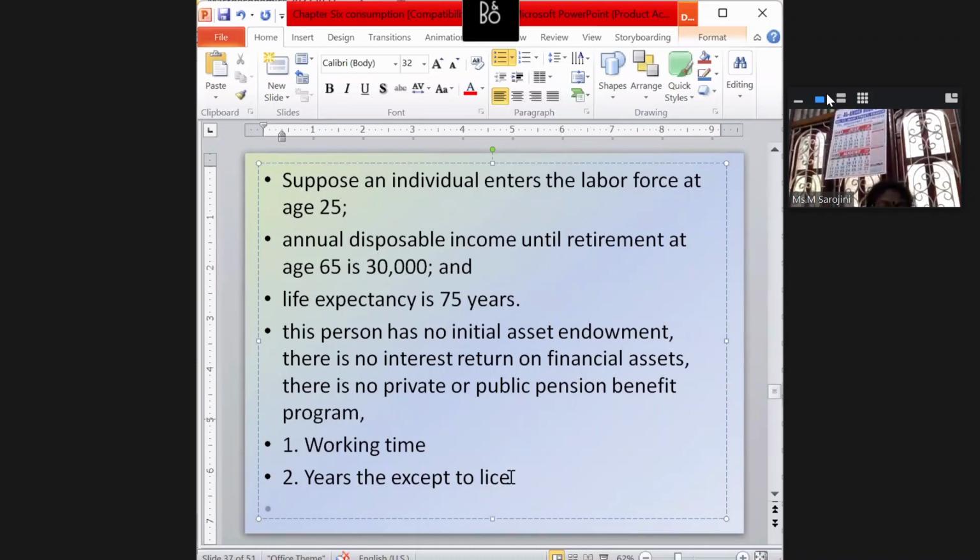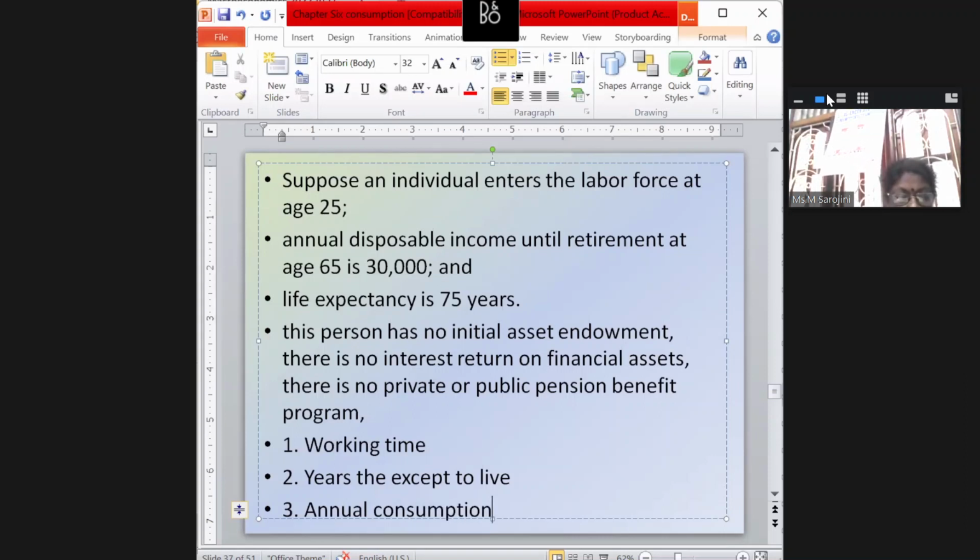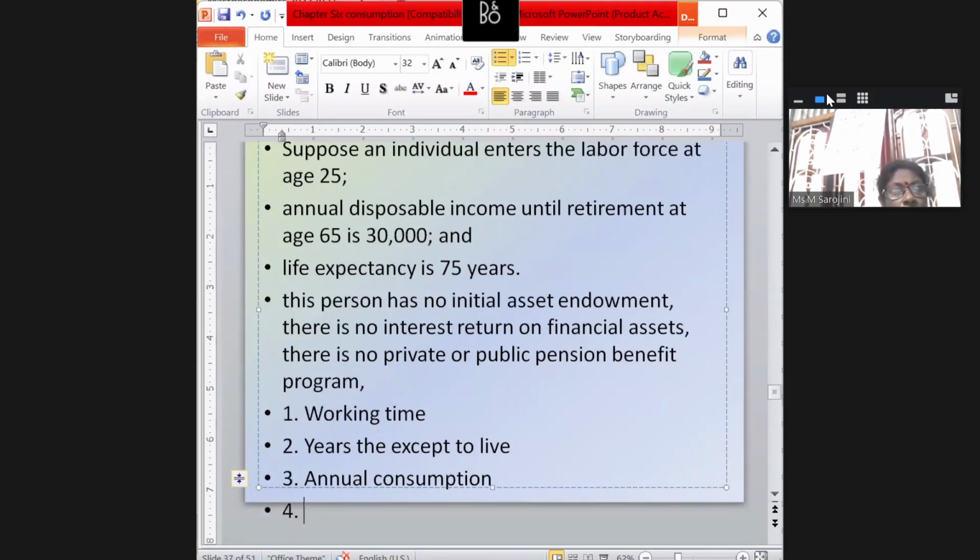The third question, annual consumption. Question number 4, lifetime consumption.